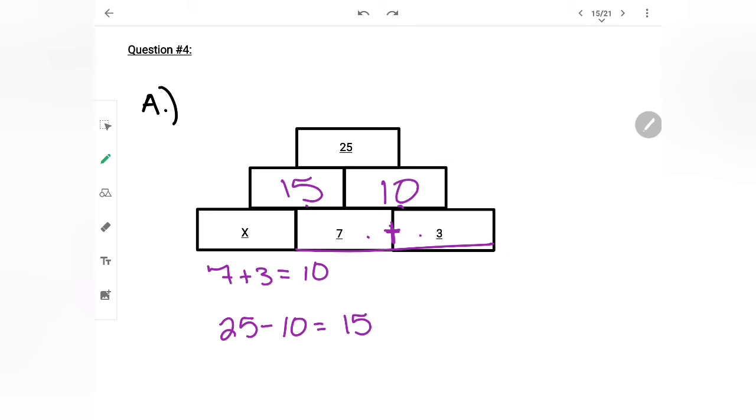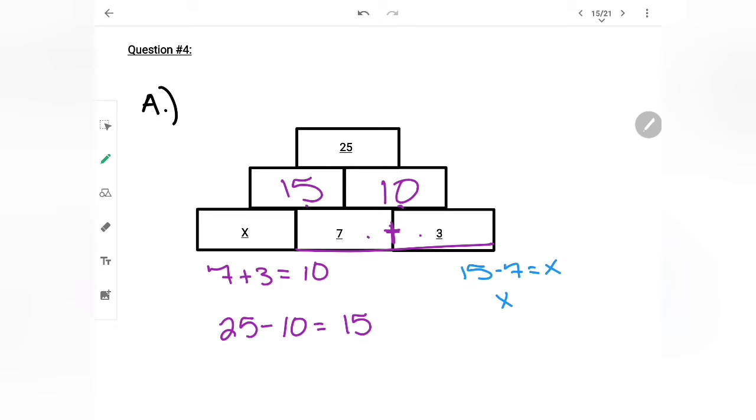So now that we have our 15, we can go ahead and we can solve for x. Since we know that x and 7, when added together, are going to be 15, all we really honestly need to do is set up an equation similar to the last one. 15 minus x is equivalent to 7, since that's what we're solving for.